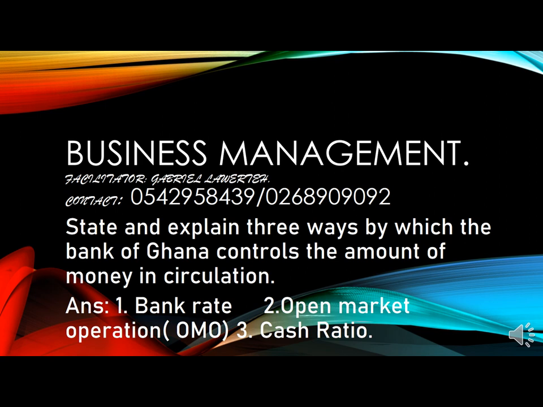But when the outbreak of COVID-19 came, as of Saturday 21st March 2020, according to Business News, government reduced the primary reserve requirement for banks and special deposit-taking institutions from 10% to 8%.